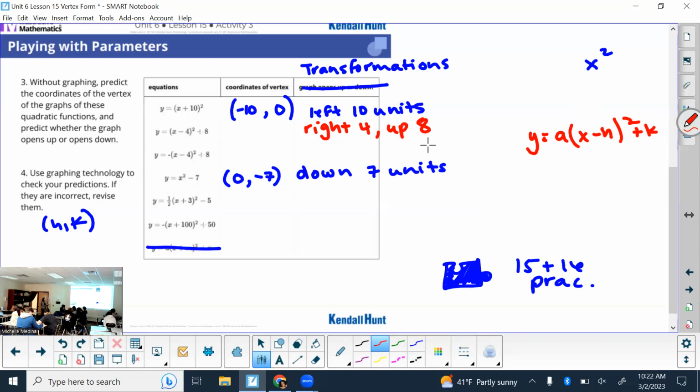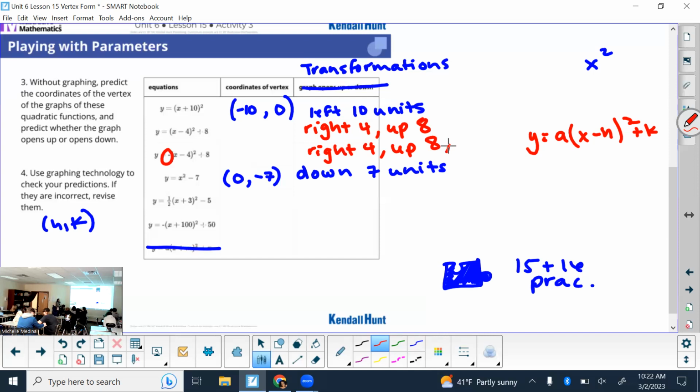What about the third row? Right 4, up 8. Anything else? There's one more, because if the A is 1, then there's no change for that, but now it's a -1, so what does that mean?